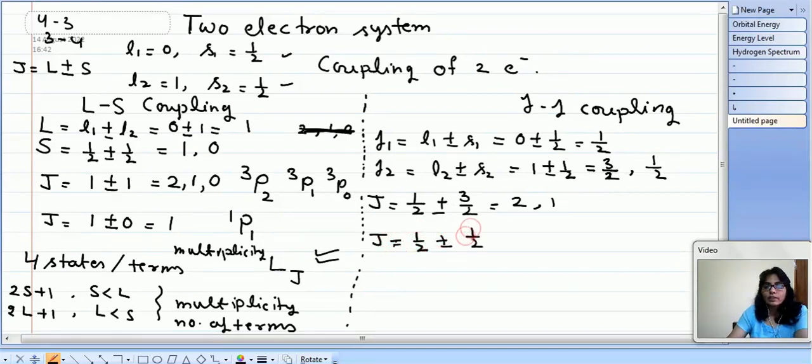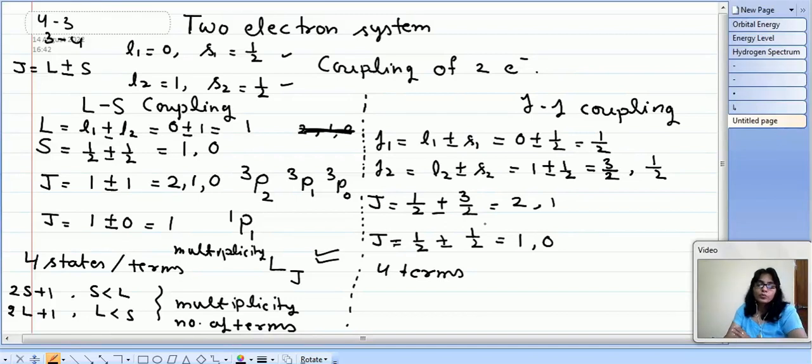So half plus half means 1, and half minus half means 0. So 1 and 0. So what we see here is that again we have four terms. Whatever coupling one uses, the number of terms will remain the same. Here also there are four terms, and here also there are four terms.